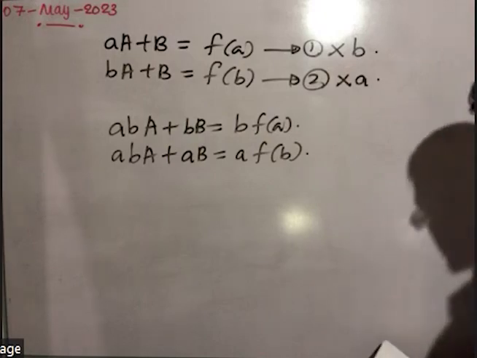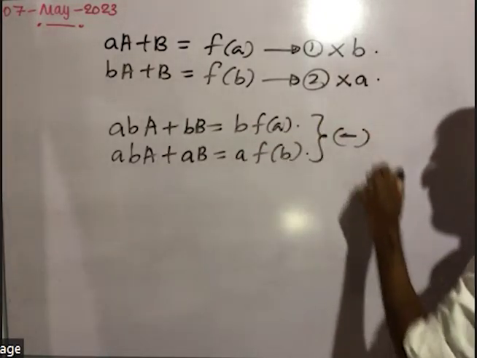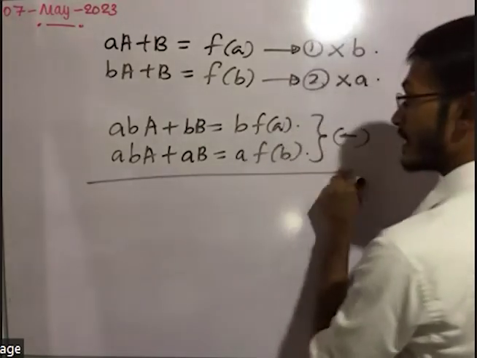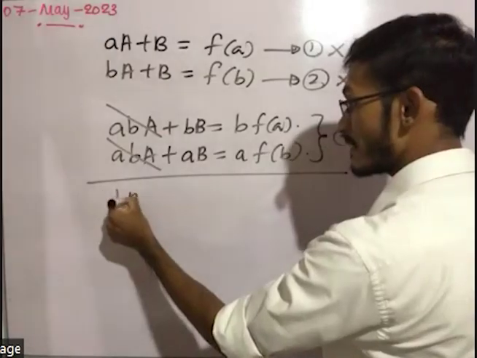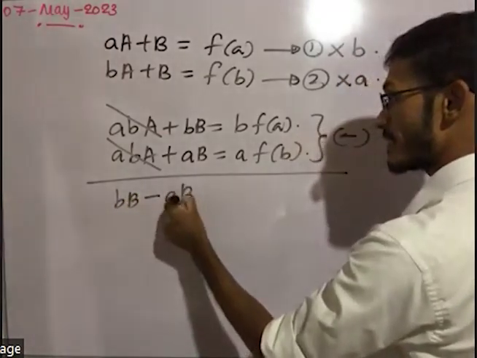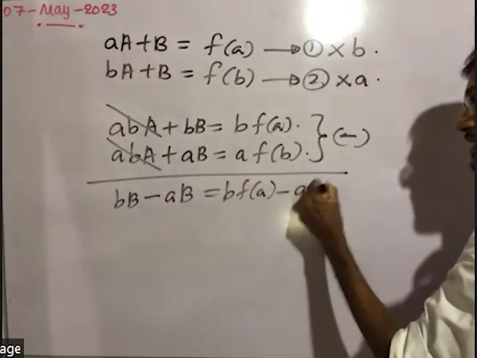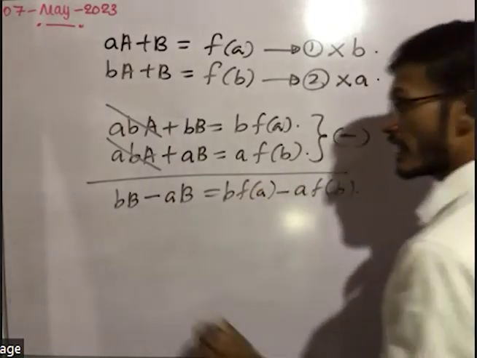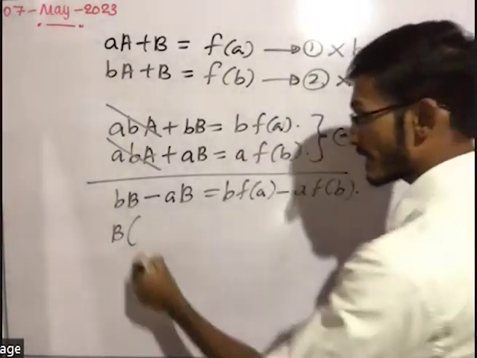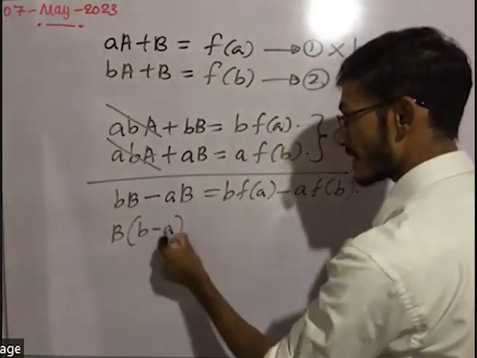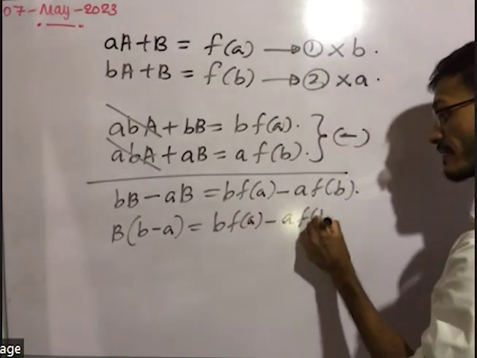Now we can subtract the first equation from the second one. Then these two terms will cancel. B capital B minus A capital B will be equal to BFA minus AFB. Now we can take capital B as a common factor: B minus A.